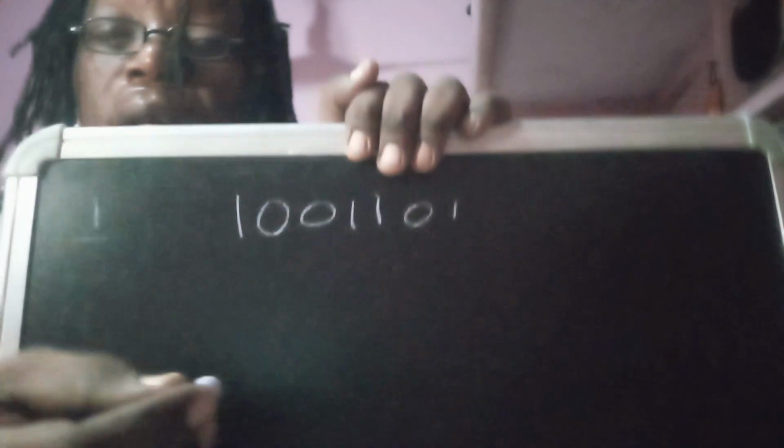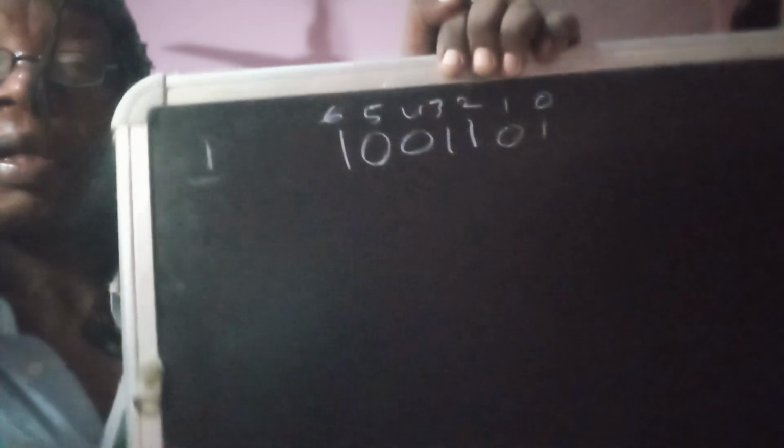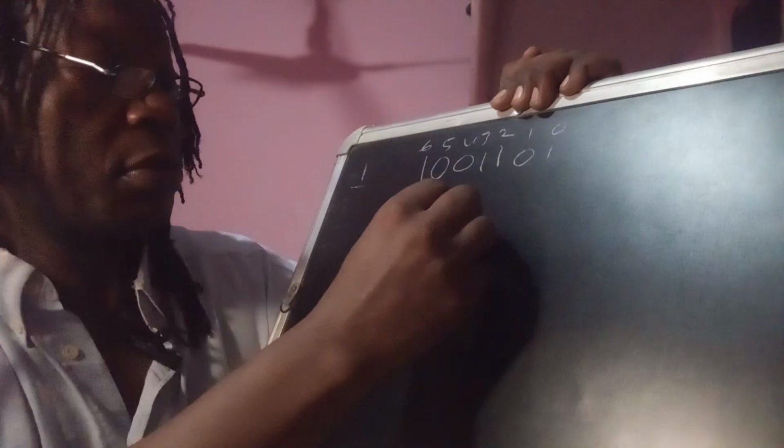So I've told you 10011101 in binary. You're going to write this starting from 0, 1, 2, 3, 4, 5, 6 up here, and since it's base 2, you are going to take 2 against these placeholders you have put up here.